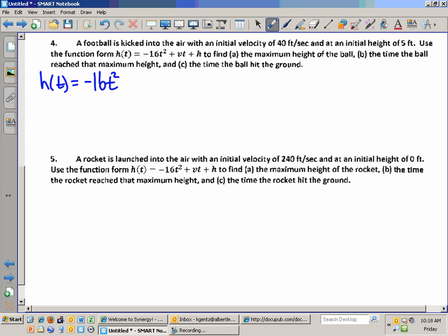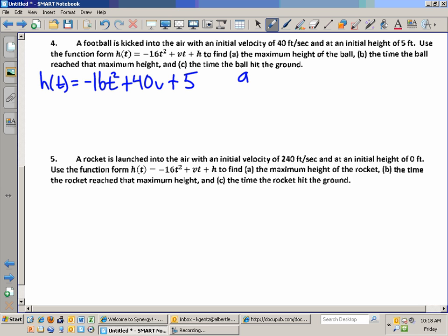The initial velocity is 40. H is height. What's the initial height? 5. So that is my function. Now, I'll show you how to do it using both your calculator as well as doing it by hand.